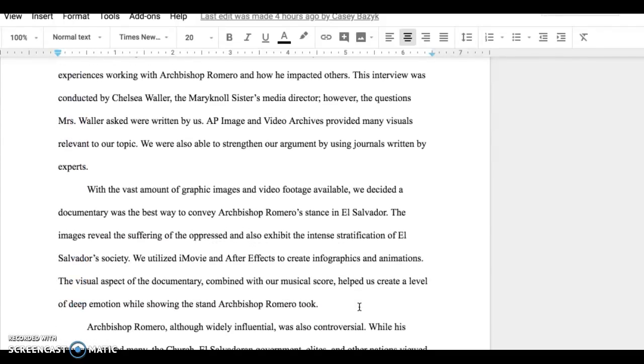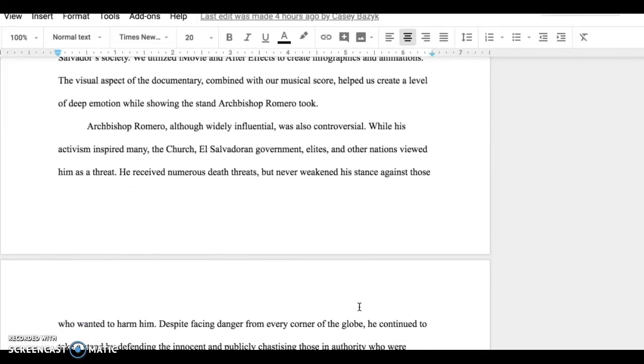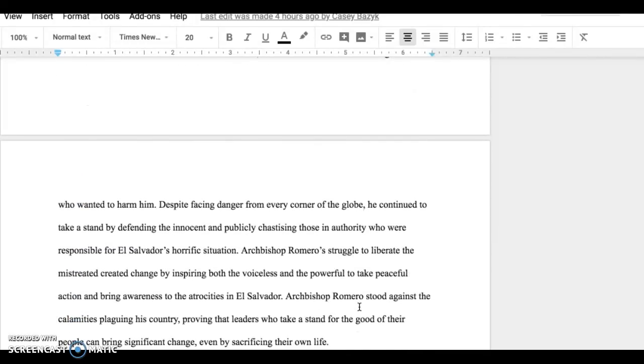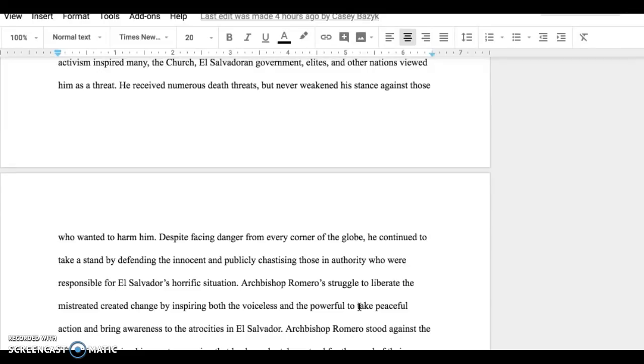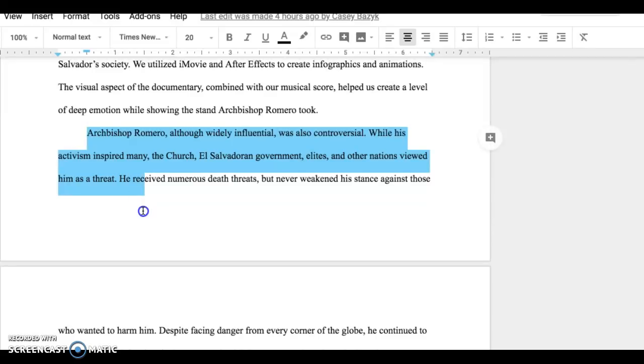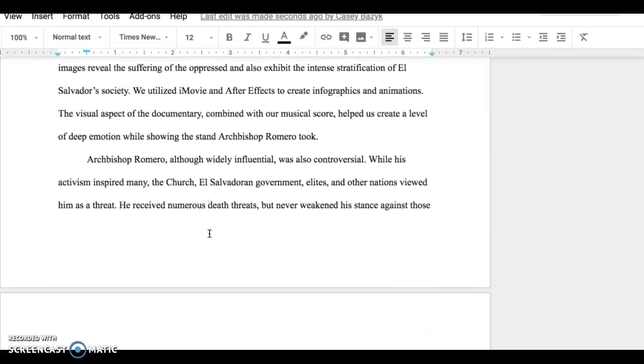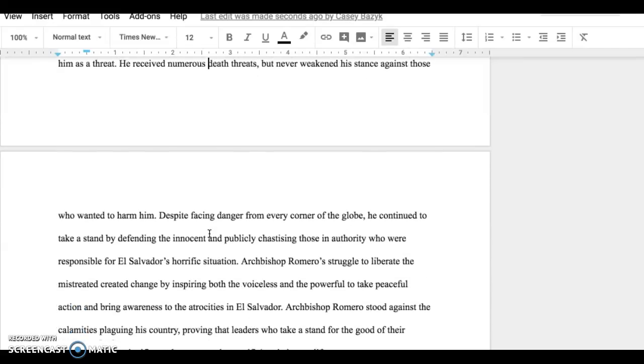You have 4 questions that you are answering. They have 4 paragraphs that reflect that structure. Their last paragraph really talks about why their topic is important in history and how it relates to the theme. And I think it's really important that you do a good job in that spot.